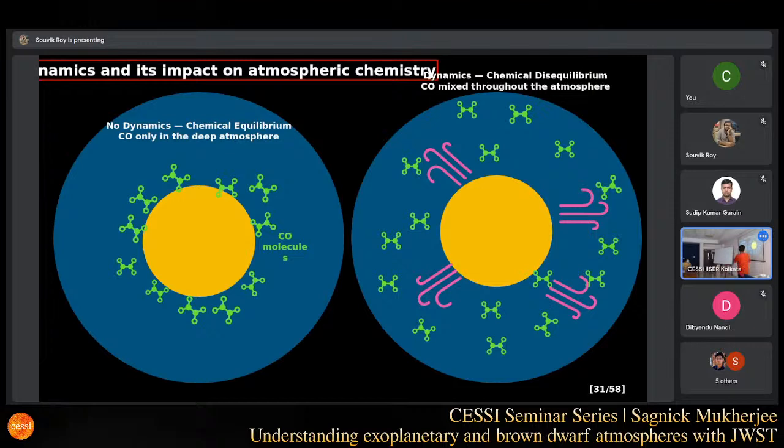Now, if this happens and you are an observer trying to measure the carbon monoxide in this atmosphere, you are suddenly surprised: I did not expect to see carbon monoxide here. How am I getting so much carbon monoxide? And the reason might be dynamics, which is dredging that carbon monoxide up, basically winds in the vertical direction.